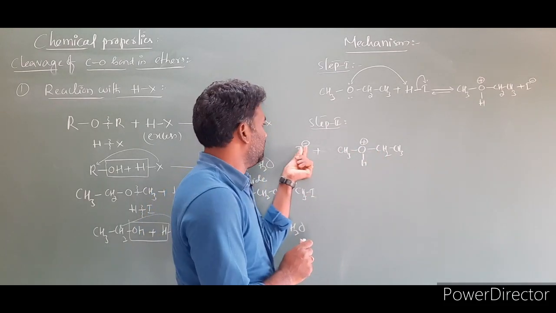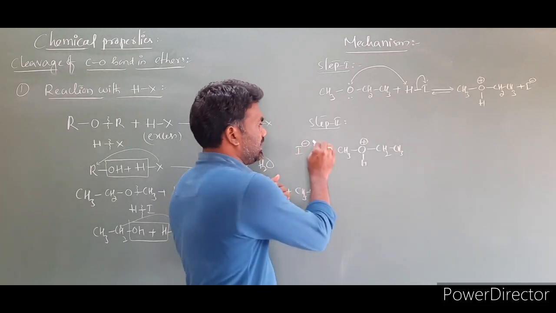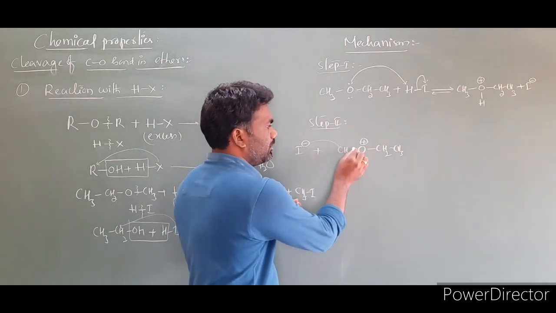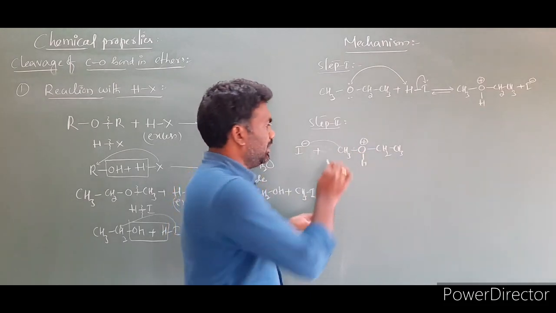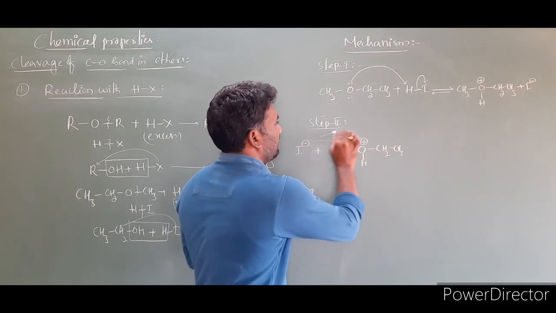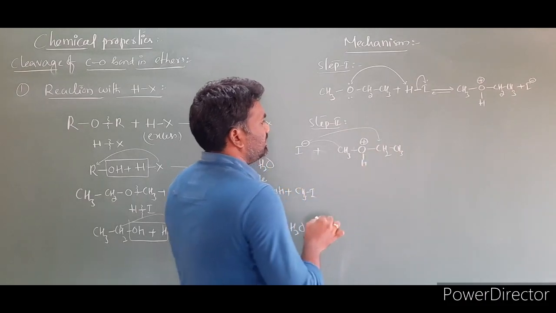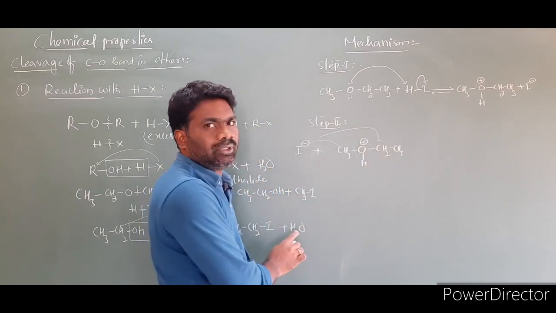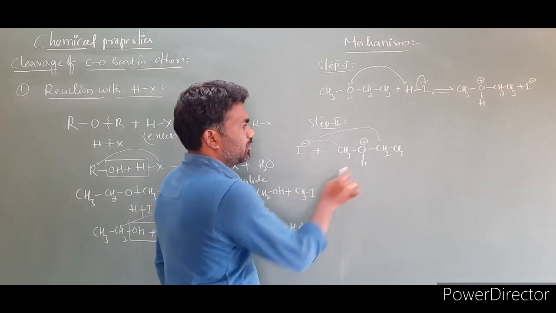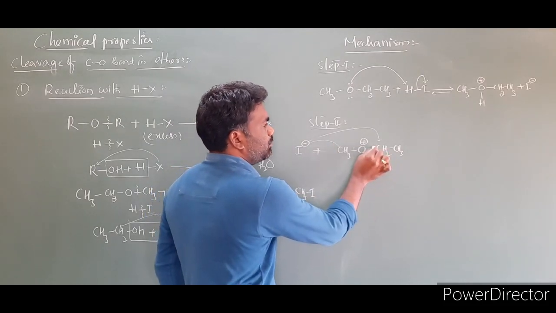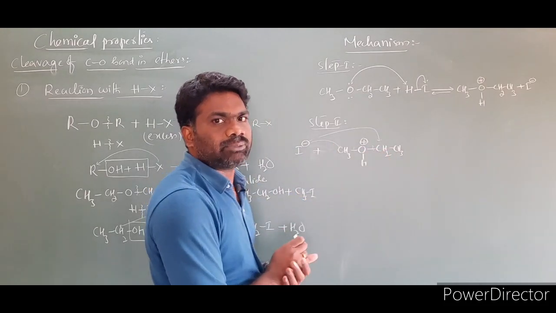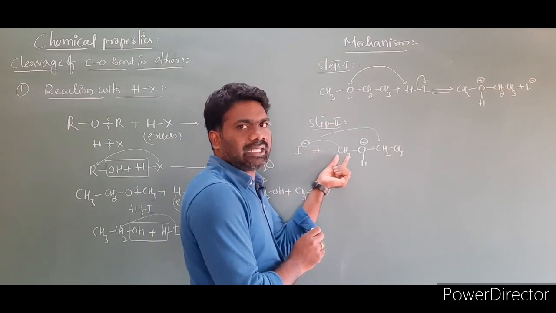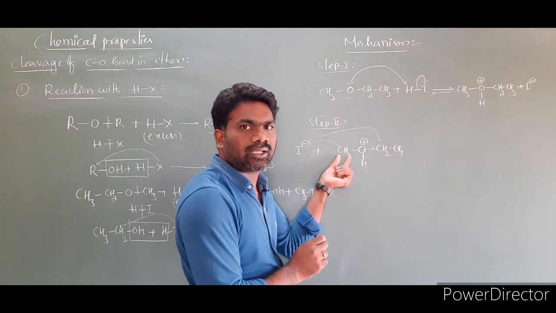Listen to me carefully. This I minus can attack this alkyl group and this bond undergoes cleavage, that is one possibility. Or this I minus can attack the other alkyl group, that is another possibility. The product is decided by this: the alkyl halide will be formed with the lower alkyl group.